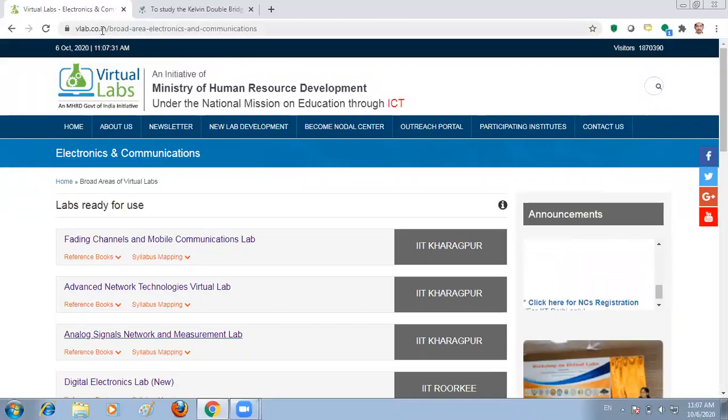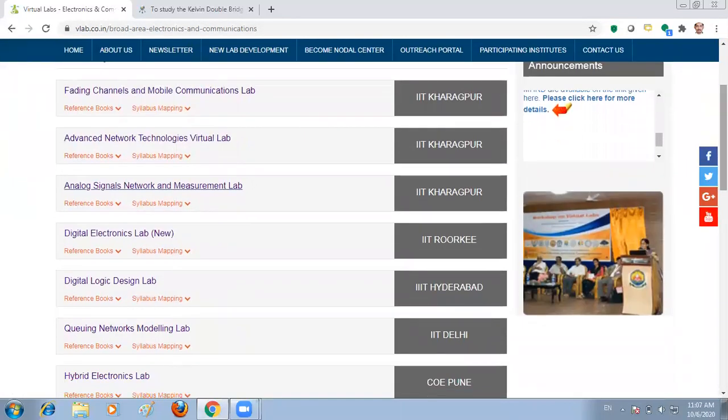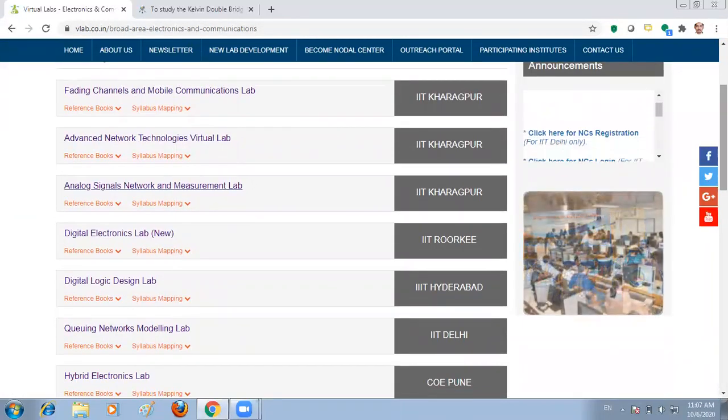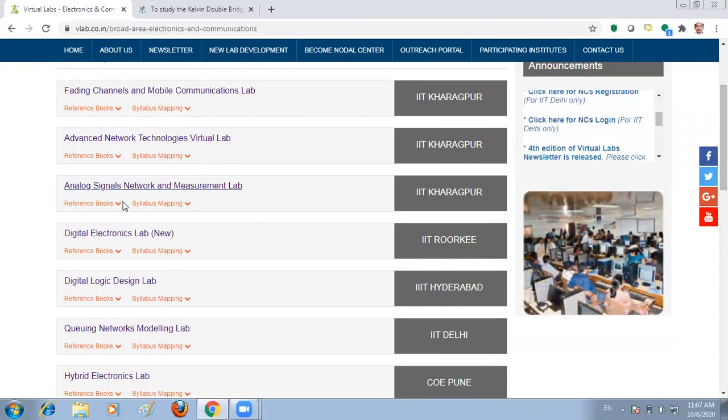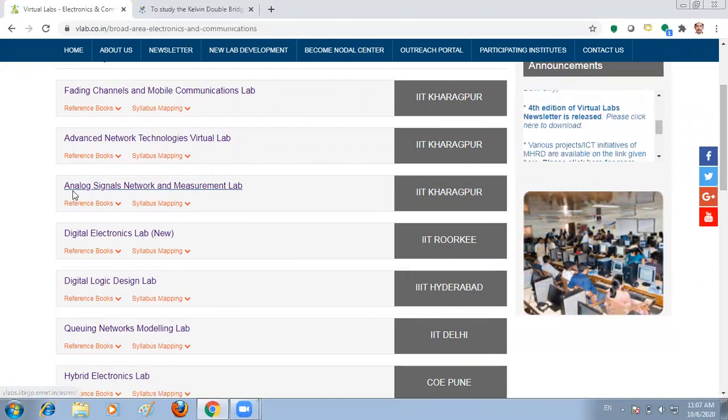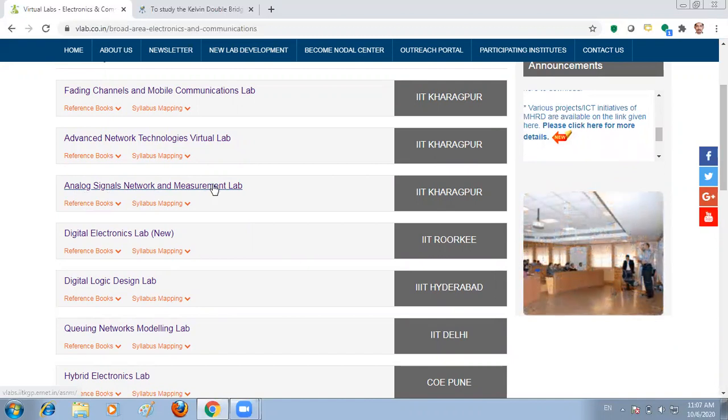In virtual lab, after clicking the electronics and communication tab, you will see these different subjects. Under that, there is one lab, that is analog signals network and measurement lab.